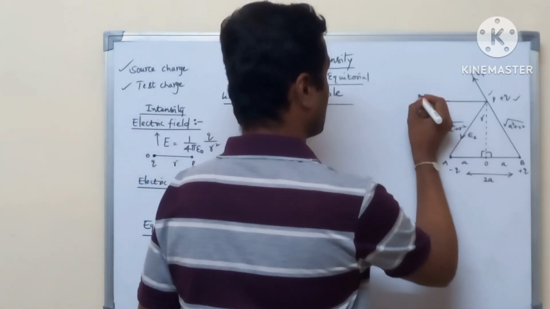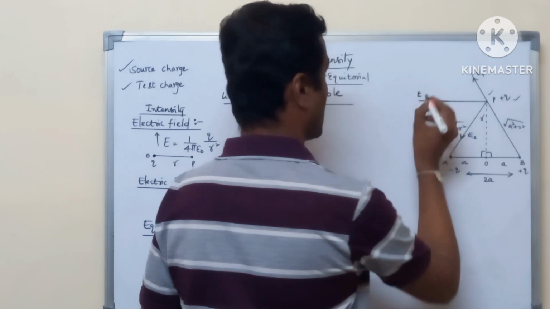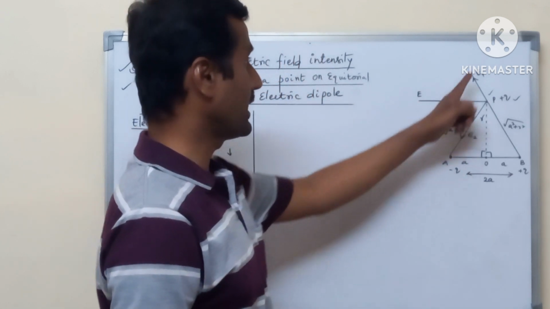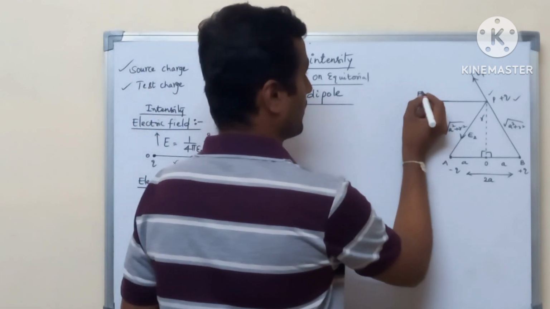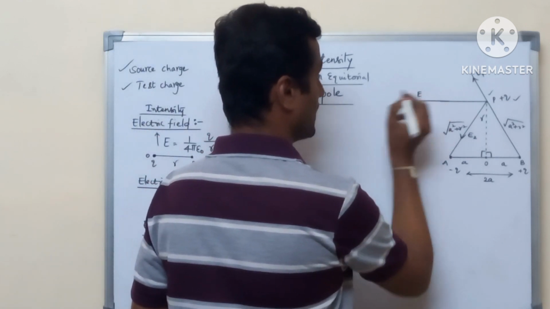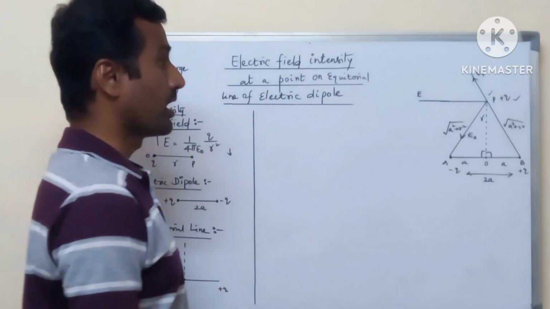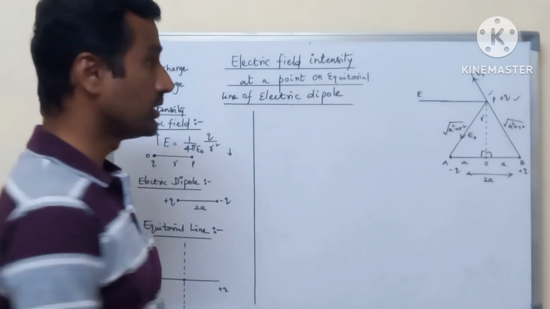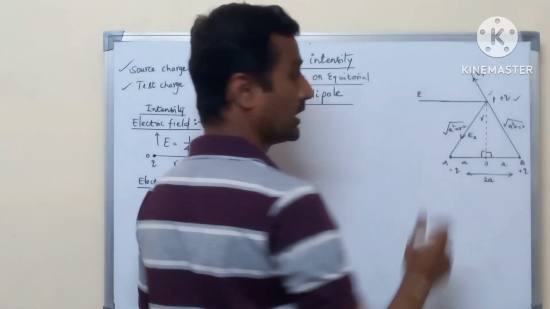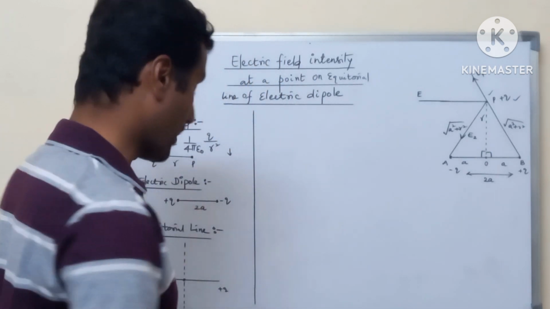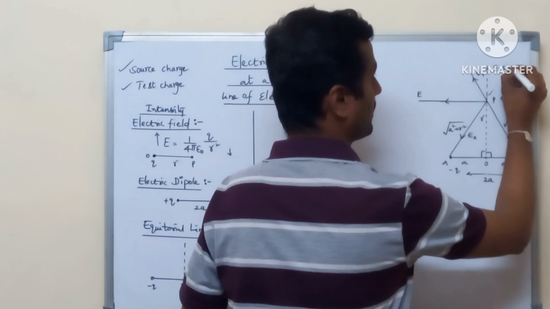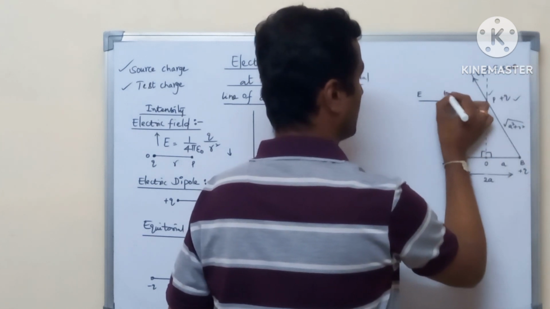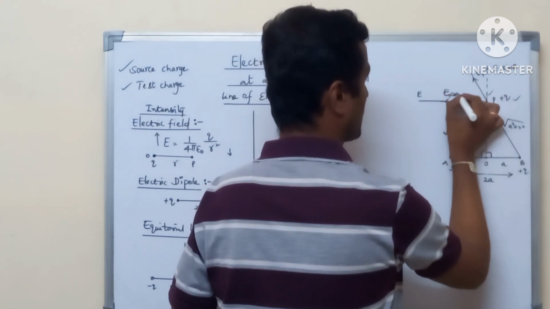Hence, at P there exist electric fields E1 and E2. Their resultant is E. Now let us resolve the electric field E1 into two perpendicular components, that is E1 sin theta and E1 cos theta.